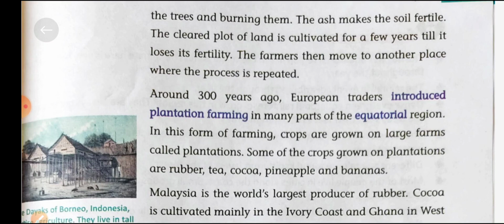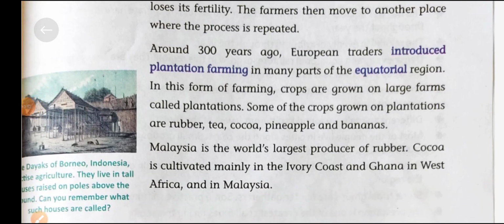In this farming, crops are grown on a large farm called a plantation. Some of the crops grown on plantations are rubber, tea, cocoa, pineapple, and bananas.